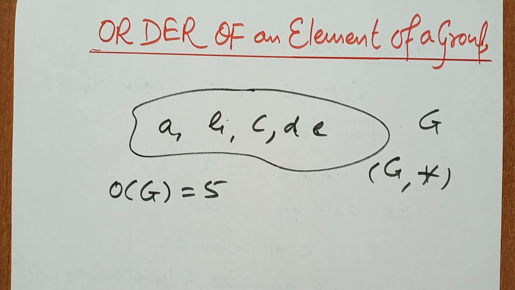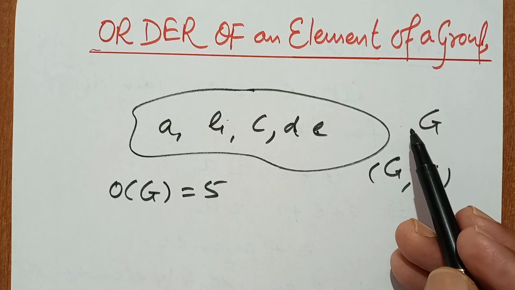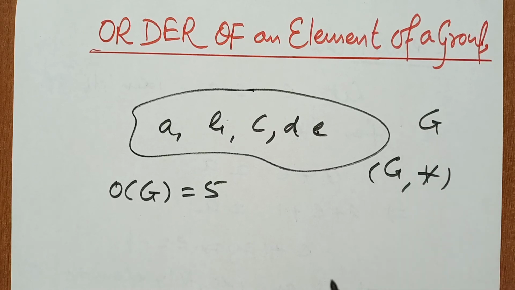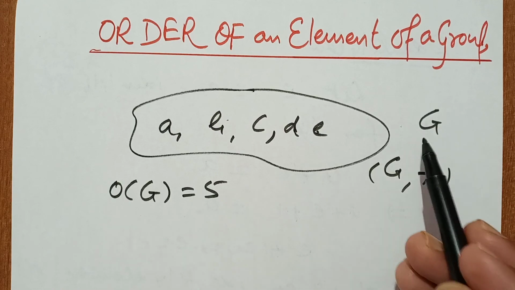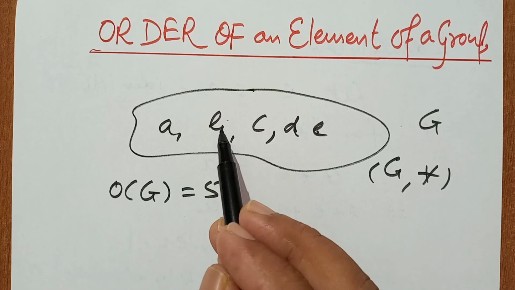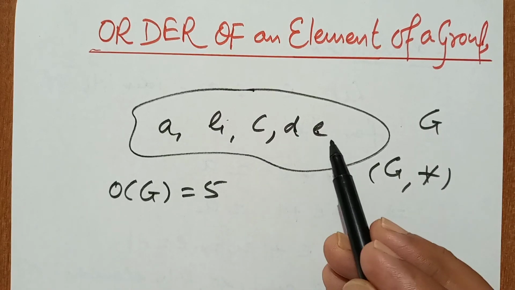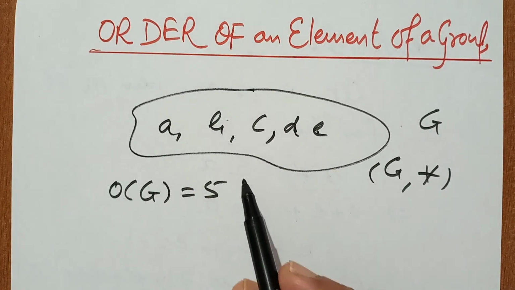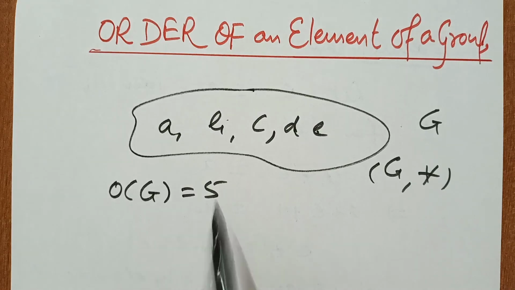So first we explain order of group. What is order of group? It means how many elements are in the group. So first we count 1, 2, 3, 4, 5. So there are 5 elements. So order of group G is 5.